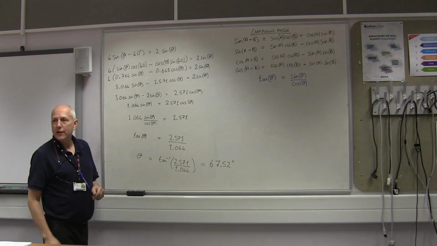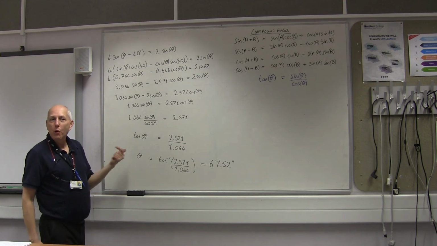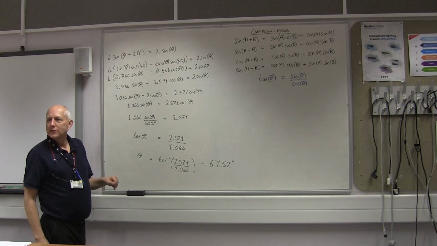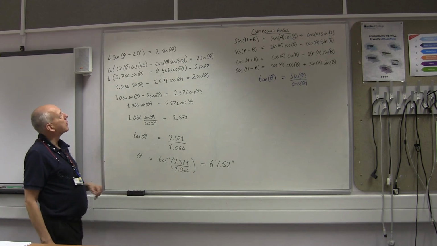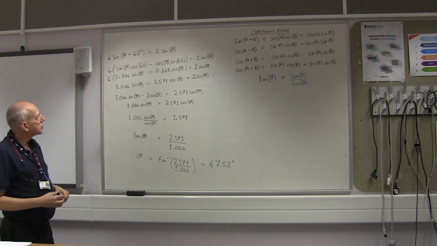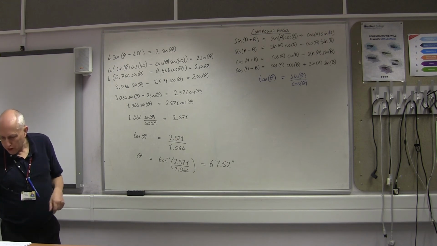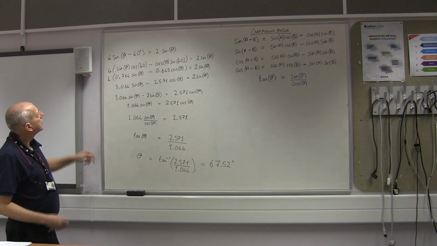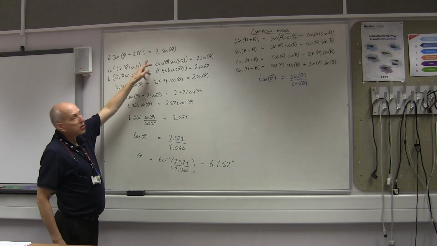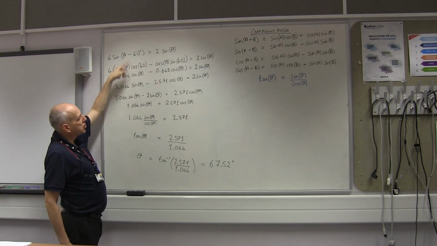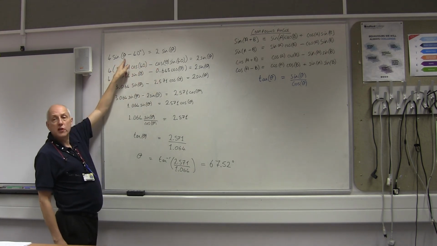What do I do to check that that's correct? Put it into the top. Put it back into the top, yeah. So if one of you does the left hand side and one does the right hand side, all you do is substitute 67.52 into there.